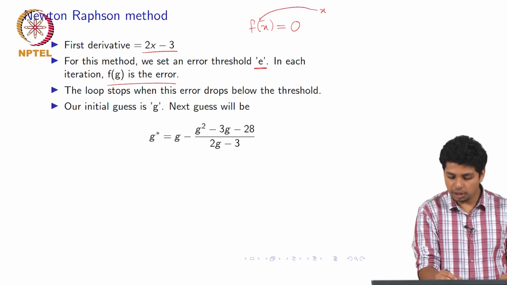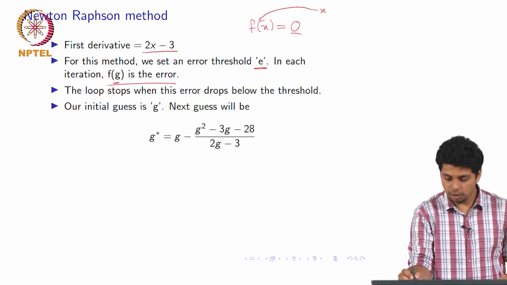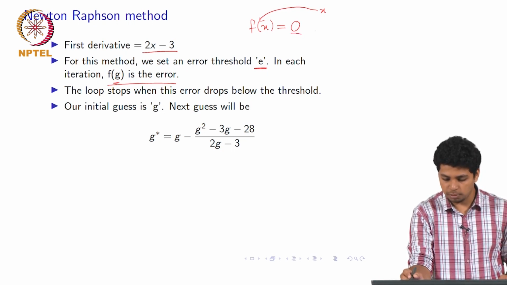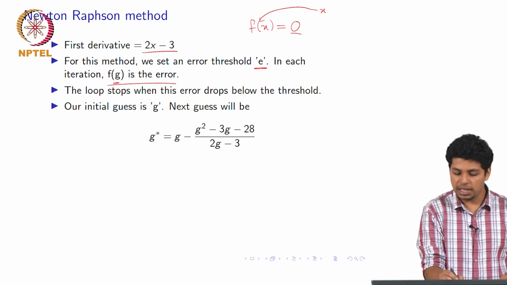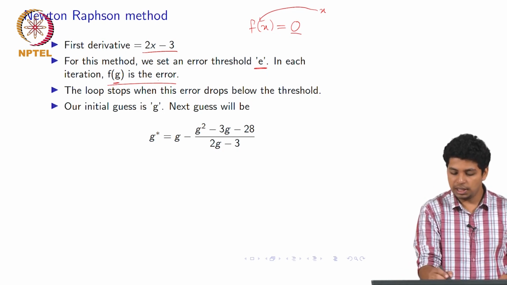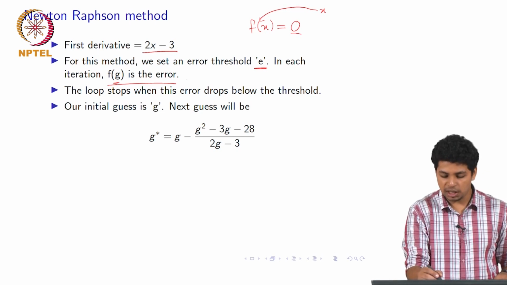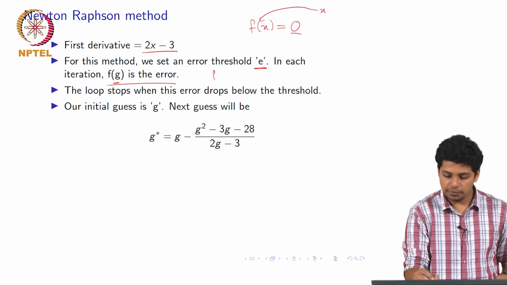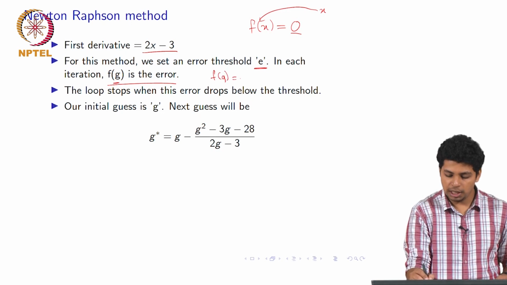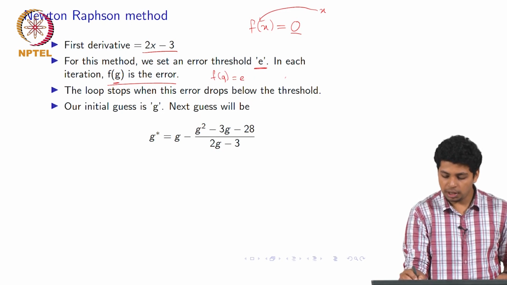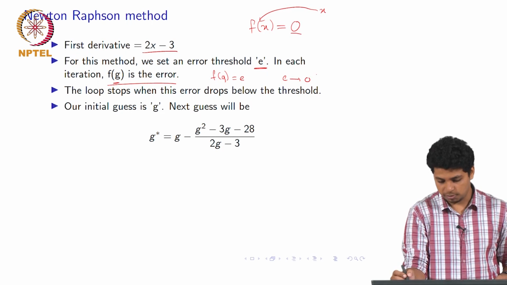So if I put f of g here, and my answer is supposed to be 0, or f of x for a root is supposed to be 0, then whatever value of f of g I have, if it is non-zero, it will be my error, and what I want is my error to be as small as possible. So my f of g is going to be e, which is my error, and I want e to be as close to 0 as possible.